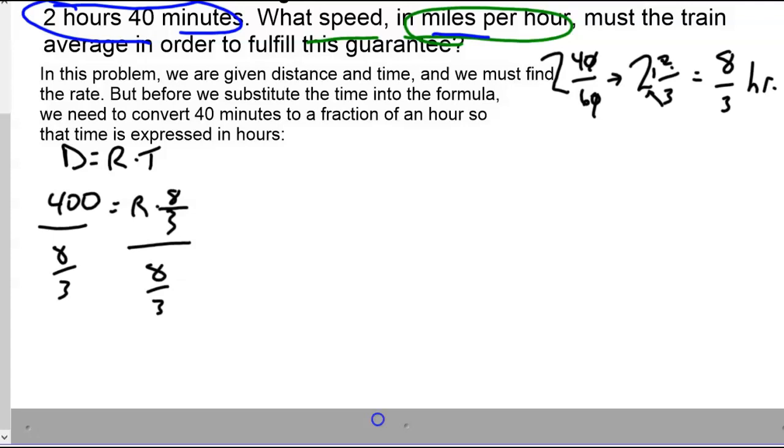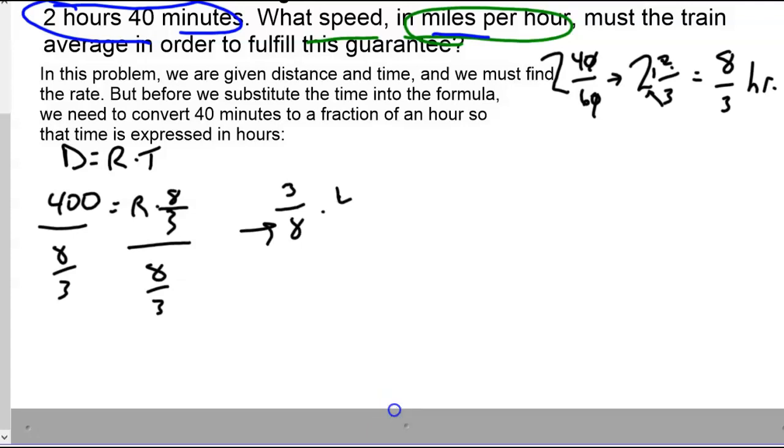This is a reminder for some of you: whenever we are dividing by a fraction, we need to multiply by its inverse.